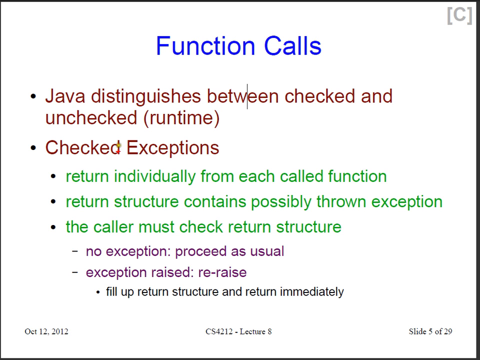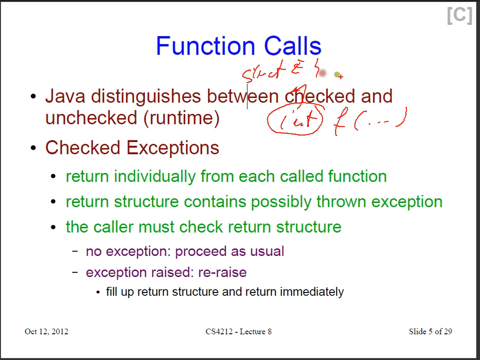The checked exception approach works in the following way, right? Each function is instrumented to return a more general type. It returns a structure. So let's say that initially we started with a function f that returns an int. Well, now we're going to embed the int into a structure that represents a potential exception, right?